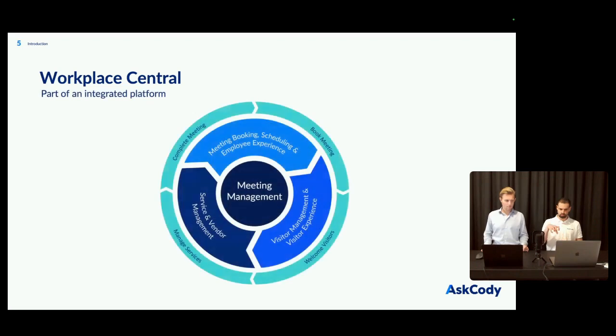To look at it from a higher perspective, Workplace Central is actually part of an integrated, comprehensive meeting management platform that we've been building across the years at AskCody. Central was built to address the complex challenges of managing meetings in an organization.